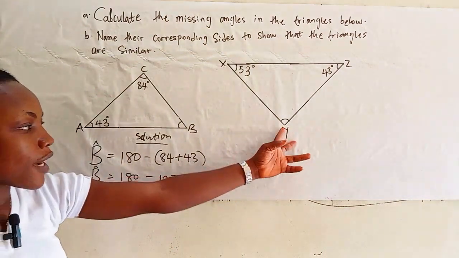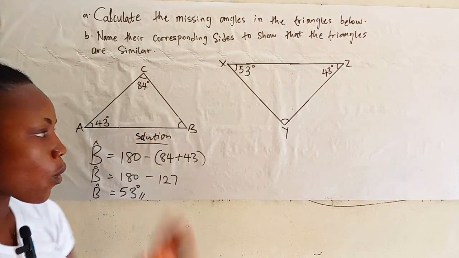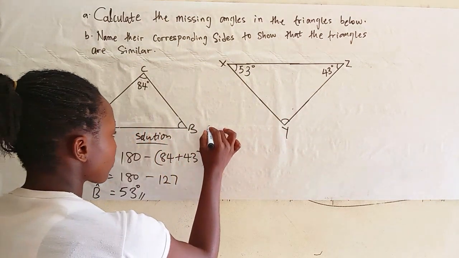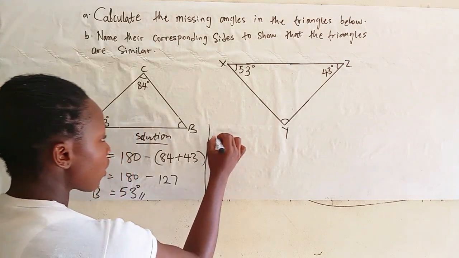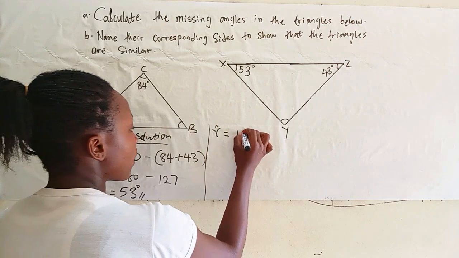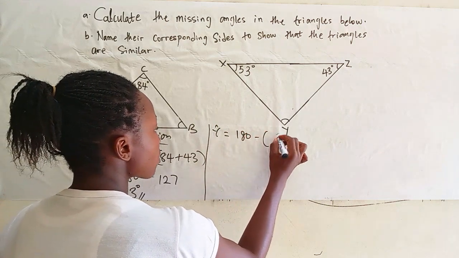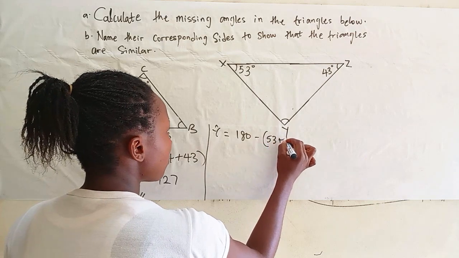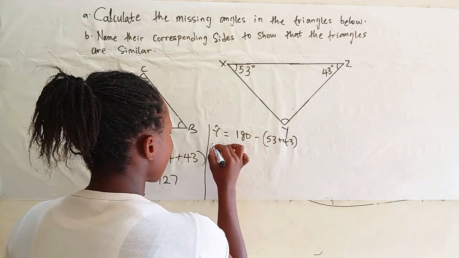Now let's find the value of our angle Y. For angle Y, we have 180 minus 53 plus 43.